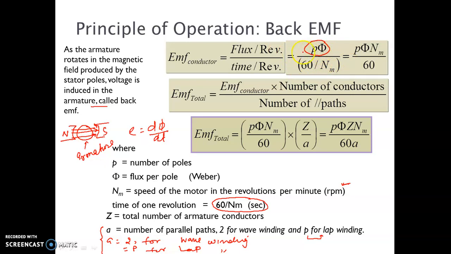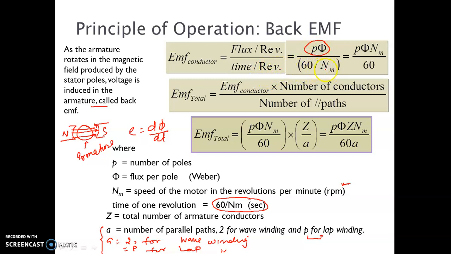Flux per revolution means in one revolution how much flux is going. Here the number of poles is P, so P multiplied by 1 pole produces flux phi. So the flux produced by P poles is P multiplied by phi.